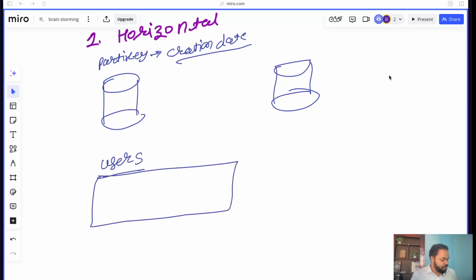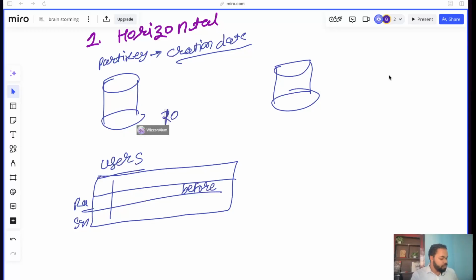If there is a Ram and there is a Shyam, suppose we say that the data from before 1/1/2025 will go here, and the data after that will go here.